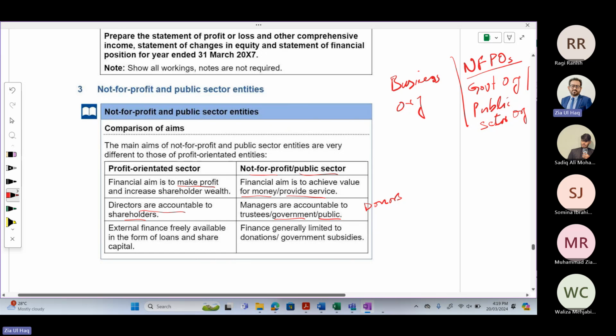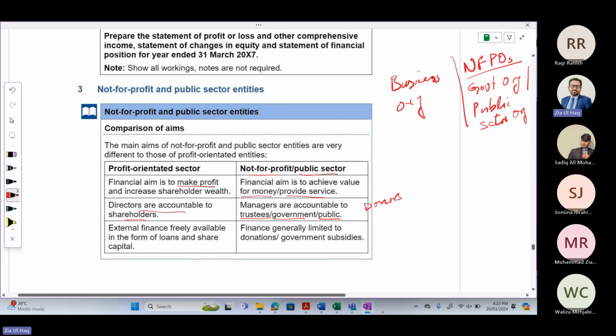Business organizations are answerable regarding their success or failure towards the shareholders, while not-for-profit organizations are accountable towards their donors, trustees, government, as well as the general public.